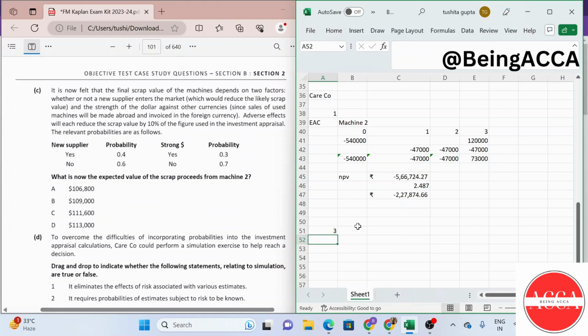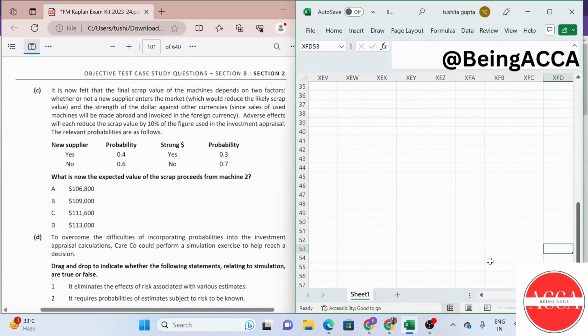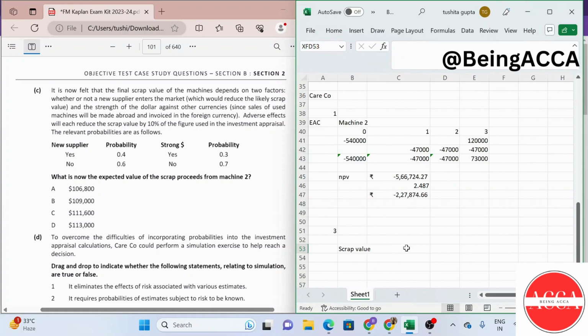So let's find out the expected value of the scrap proceeds. In the first scenario, let's label our headings first. So this is the scrap value. We will write over here the probability, and then in this column maybe we can write the expected values, right?